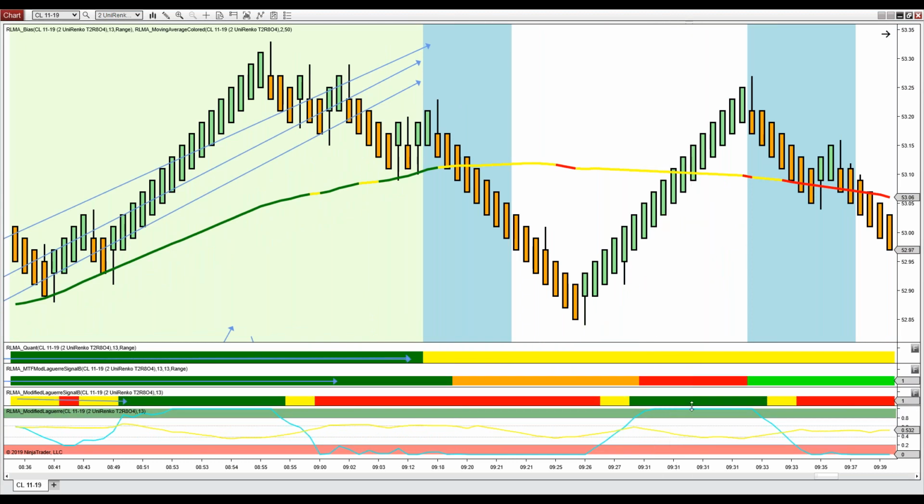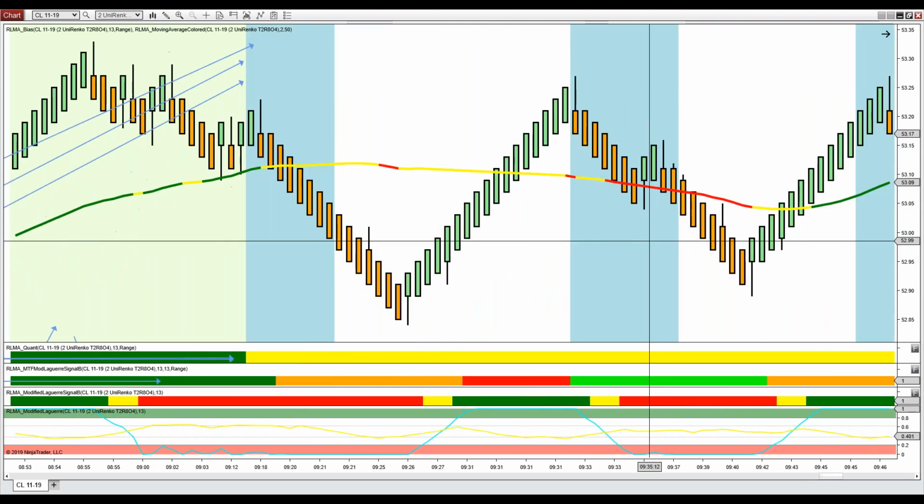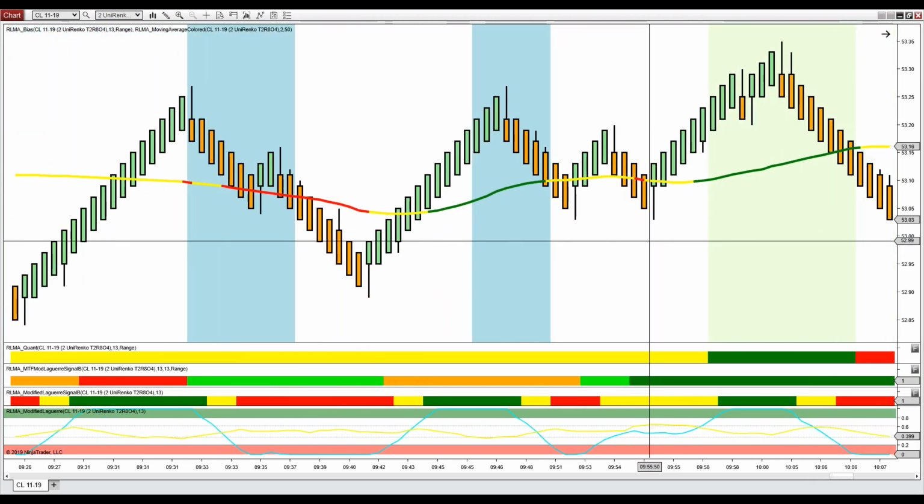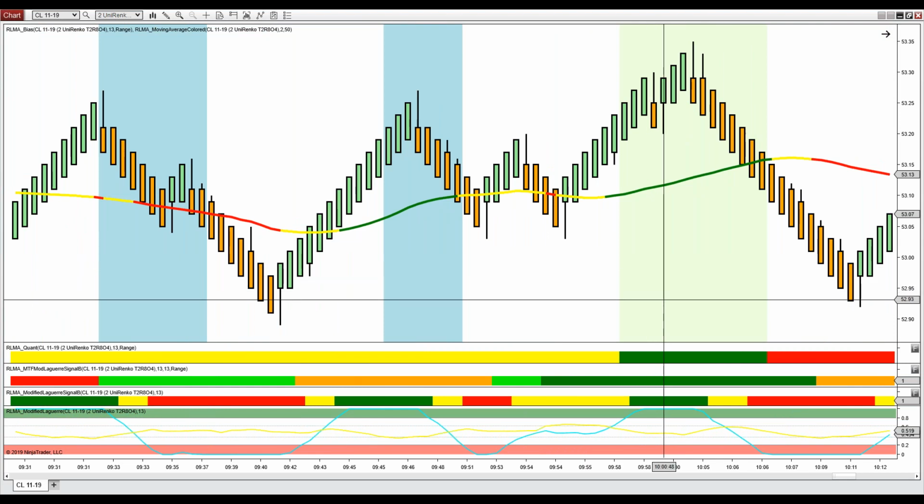And you see how the Laguerres are in opposite directions here? And you have no money flow, and you have no background bias. This is where you would never get a signal and never take a trade. And when you get in alignment, like right here, you might get a signal.